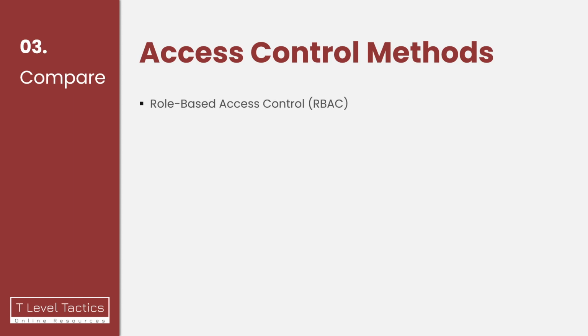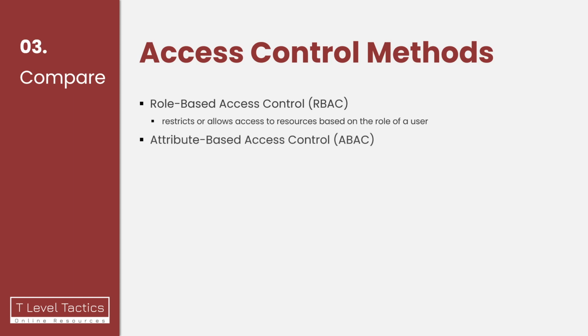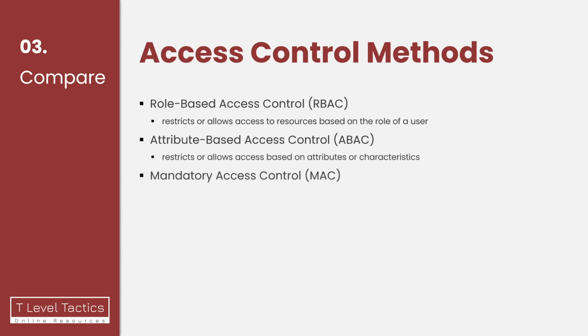There's role-based access control, RBAC, which restricts or allows access to resources based on the role of a user. Attribute-based access control, ABAC, which restricts or allows access based on attributes or characteristics. There's MAC, or mandatory access control, which will restrict or allow access based on a hierarchy of different security levels.